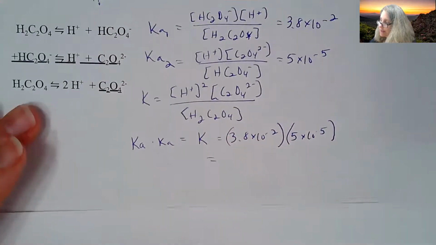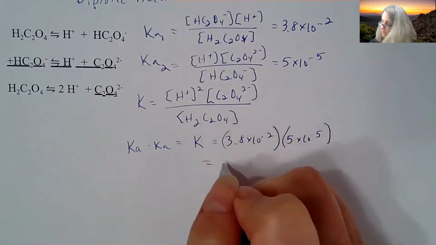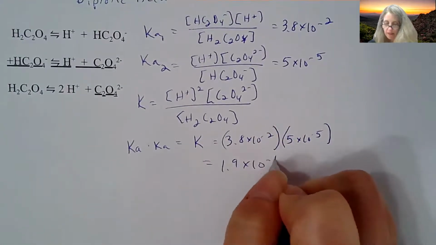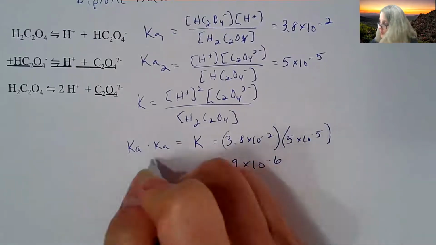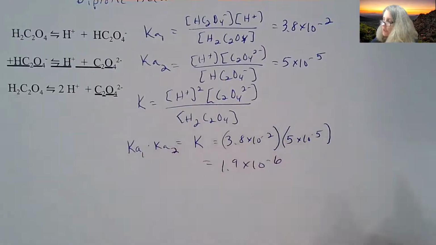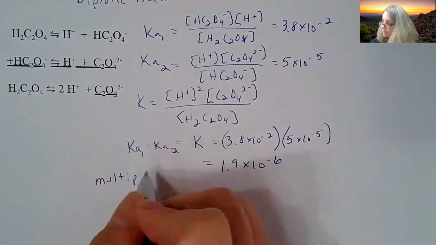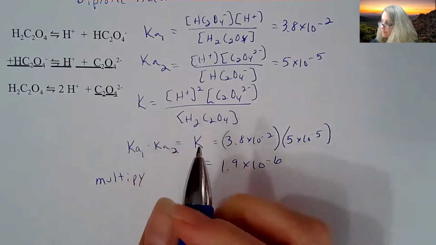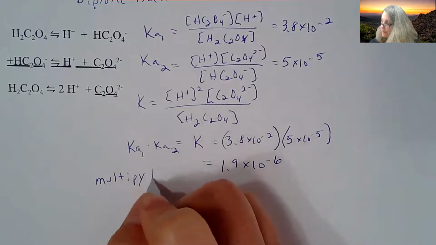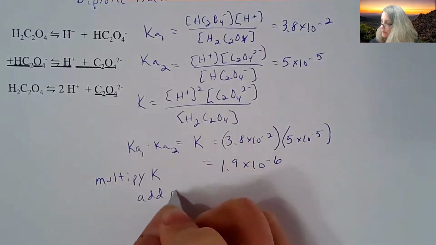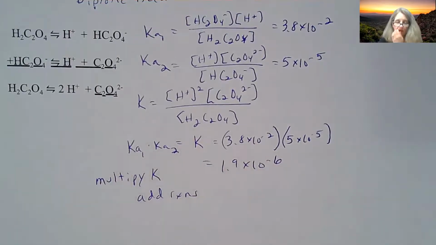So that's going to end up being 1.9 times 10 to the negative 6. So Ka1, Ka2. You're always going to multiply the Ks if you are adding the reactions.